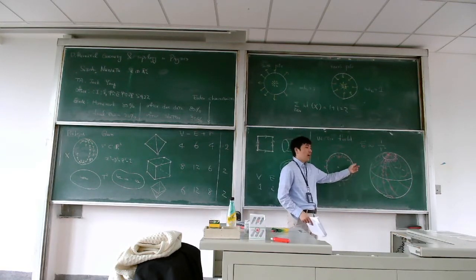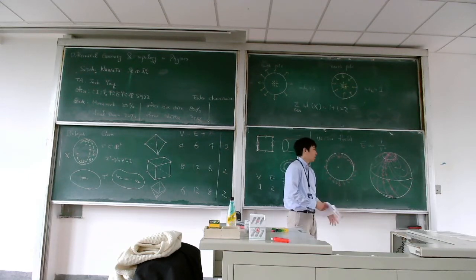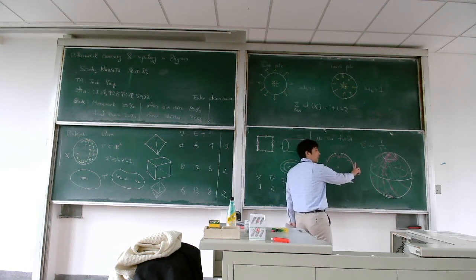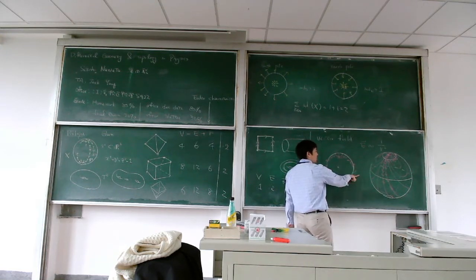And let's look at how many. So once you rotate anti-clockwise, how does the vector field rotate? It starts directed upwards, and if you go here, it's already 180 degrees, and it's already 360 degrees, 2 pi, and then if you go around here, it's 3 pi, and this becomes 4 pi.